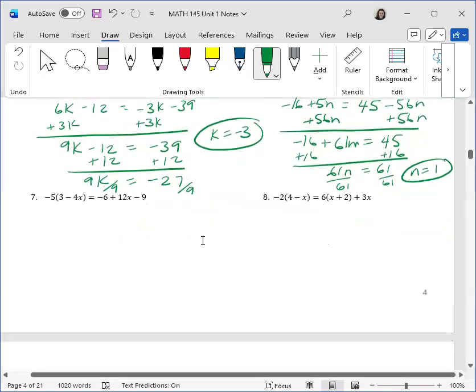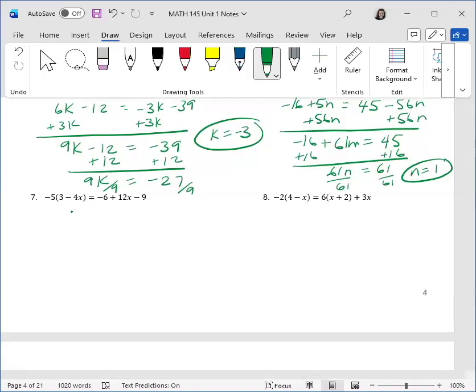All right, and the last two examples. Again, we're going to distribute the negative 5 to everything inside. That would give me negative 15 plus 20x is equal to, I'm going to go ahead and combine those like terms right now. So negative 15 plus 12x. I'm now going to subtract 12x from both sides.